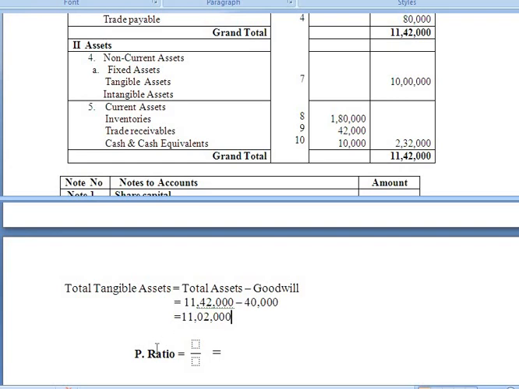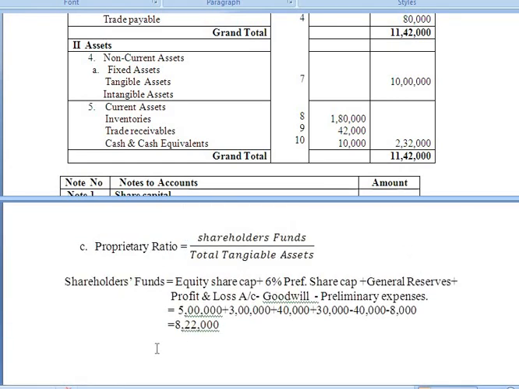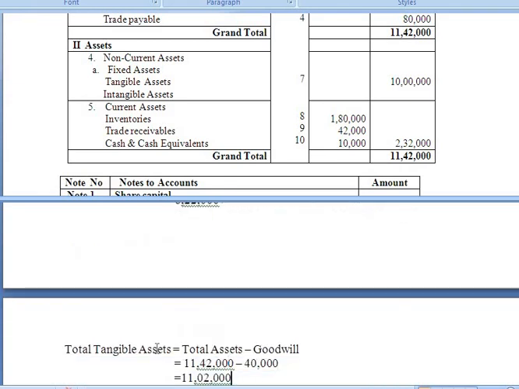Now next line, right? Now we got both the amounts. We got the amount of shareholders funds, we got the amount of total tangible assets. So put both the values into the formula.